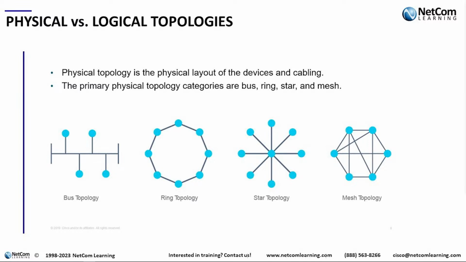A physical topology describes how network devices are physically connected. In other words, how devices are actually plugged into each other. So we're talking about things like cables, wireless connectivity, etc. A logical topology, on the other hand, describes how network devices appear to be connected to each other.